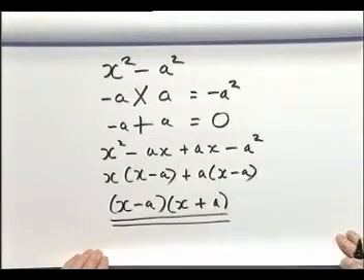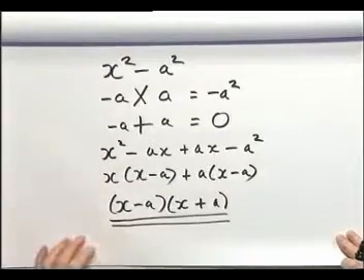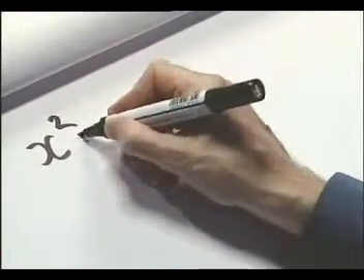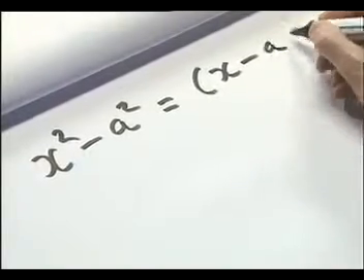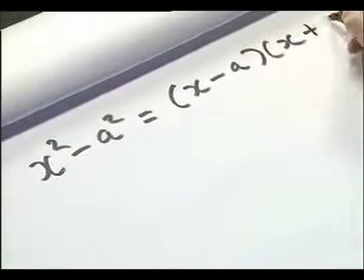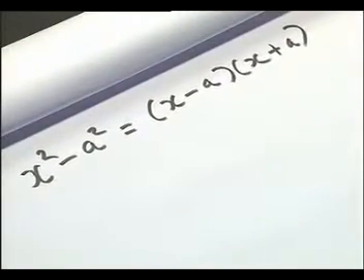So we now have what is in effect a standard result. We have what's called the difference of two squares and its factorization. So let's just write that down again. x squared minus a squared is always equal to x minus a, x plus a.